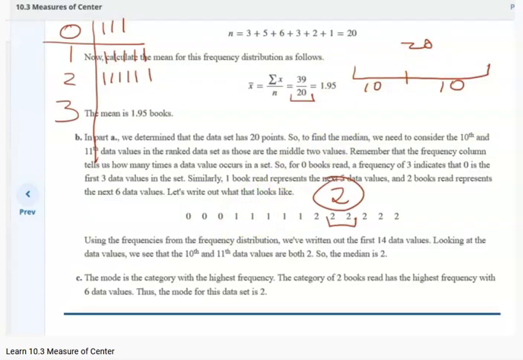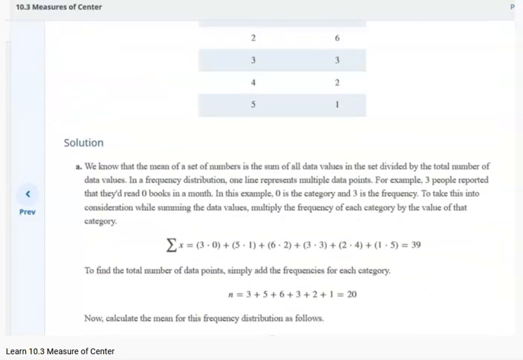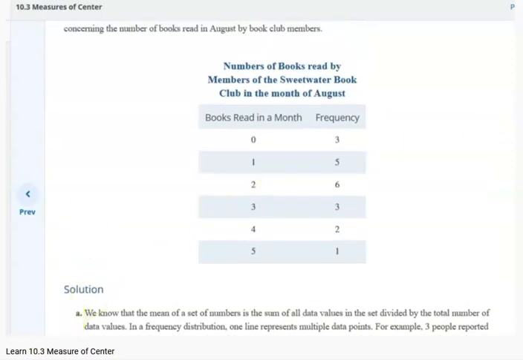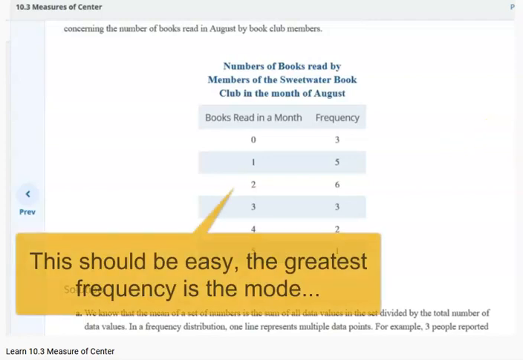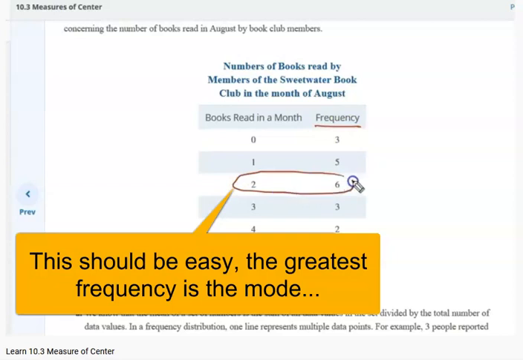Now, as we look at the original data chart, and we'll clear this up now and go back up. When it's set up like this, picking out the mode is rather easy because you look at the frequency and there it jumps out at you.